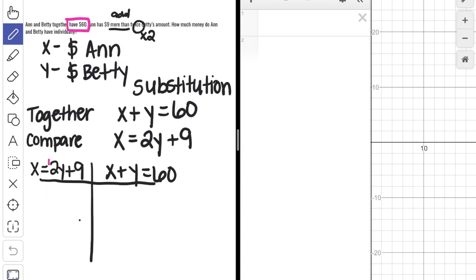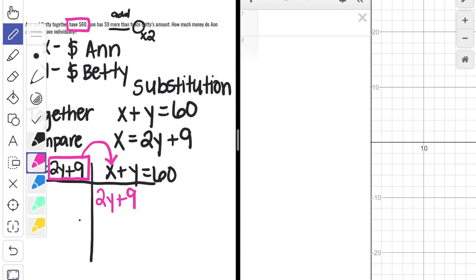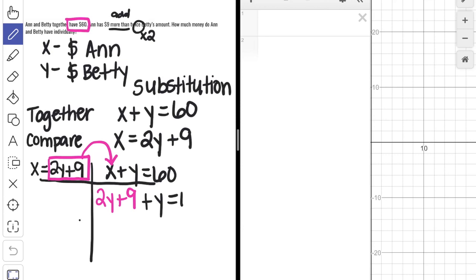So right here, if it's x equals, we're going to substitute it into the x spot. So I'm going to take that x out, and I'm going to put in what x equals, which is 2y plus 9. And then, of course, the rest of it should still be the same because we're not substituting for y, is equal to $60. And now we have an equation that we're going to solve for. So I'm going to combine my like terms.